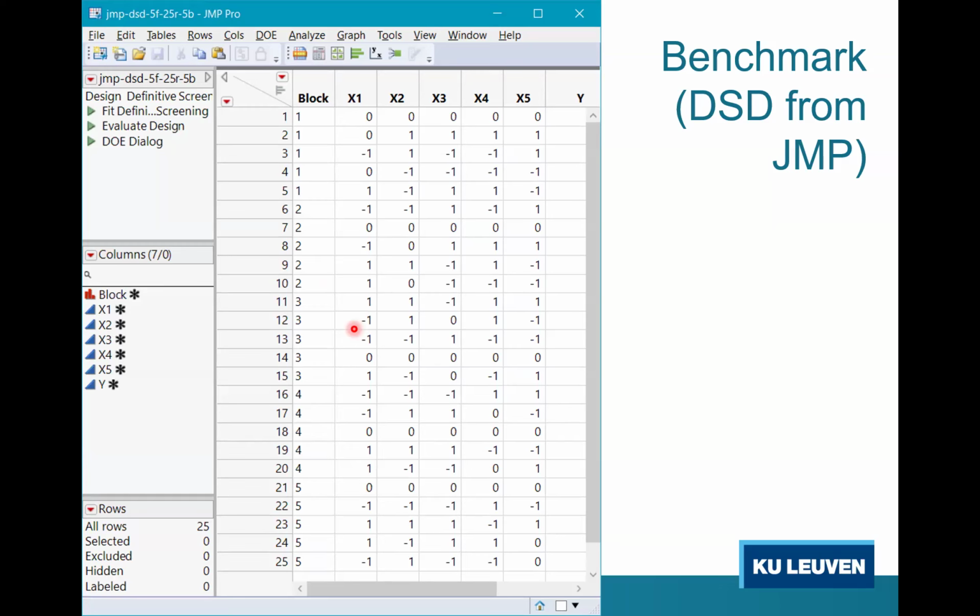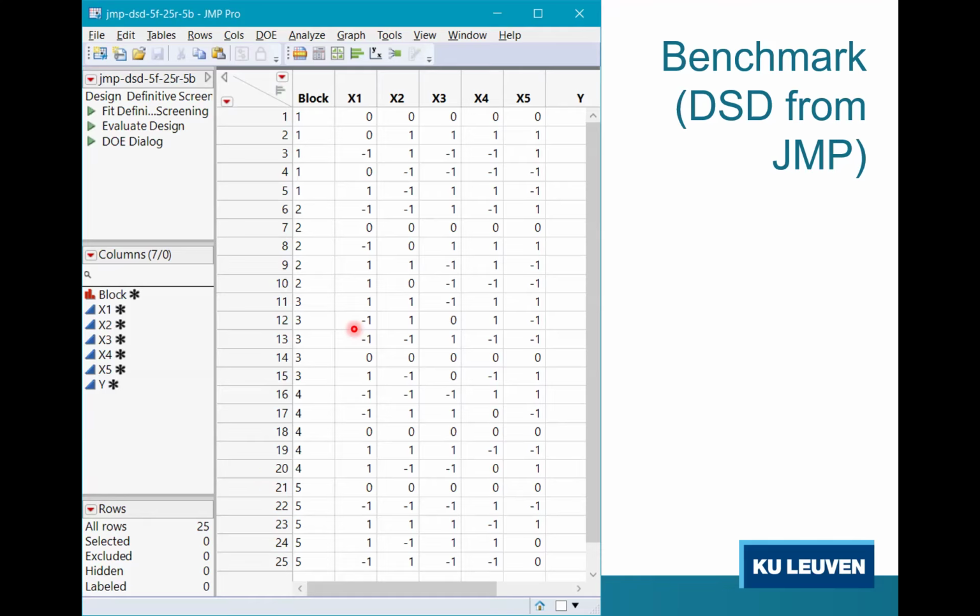And to publish a paper about that topic, we had to prove that our linear programming approach in combination with OMARS works well. And we compared our blocked OMARS designs to blocked definitive screening designs extracted from the JMP software. What you see on the current screen is a definitive screening design with 5 factors.